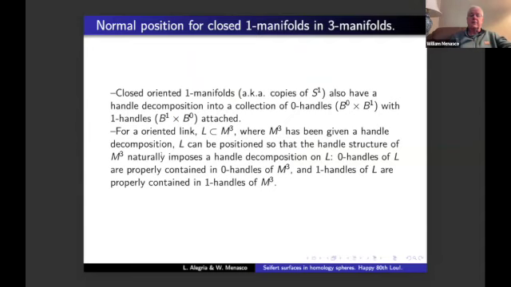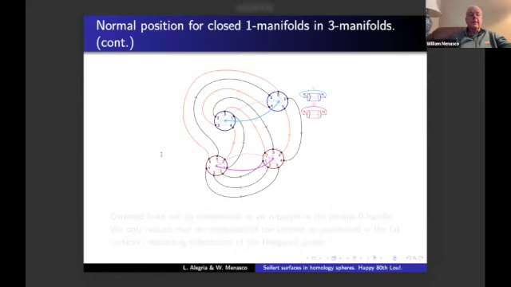So that's the structure that you want on the link that you're putting inside the three manifold. Now I'll give you an example here of one. Well, the easiest ones to describe is you just take the core of your two one handles, and you extend them into the zero handle, and you get yourself a loop.